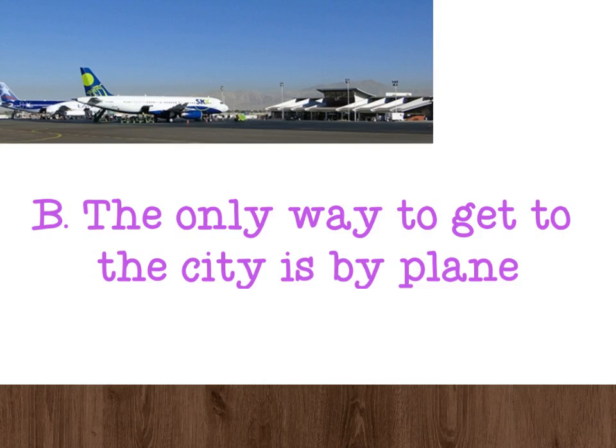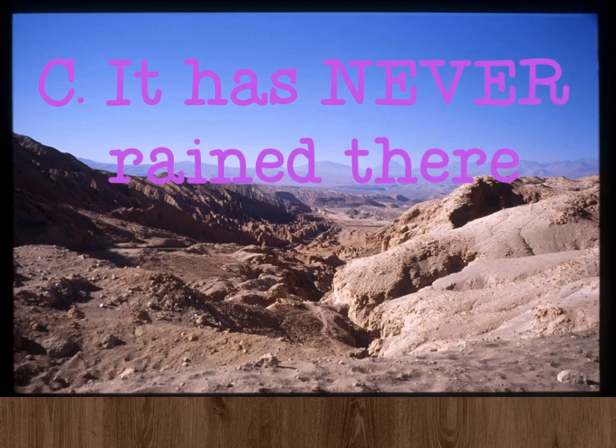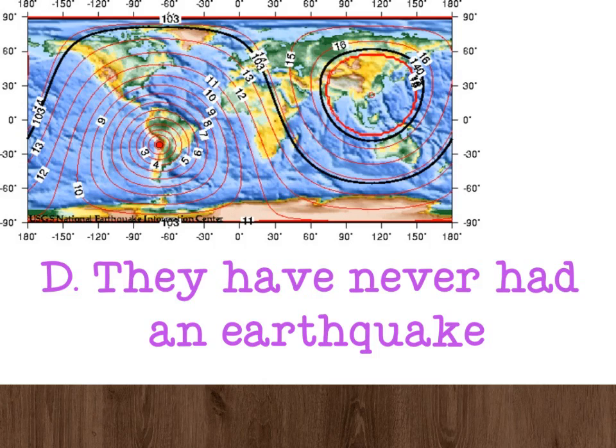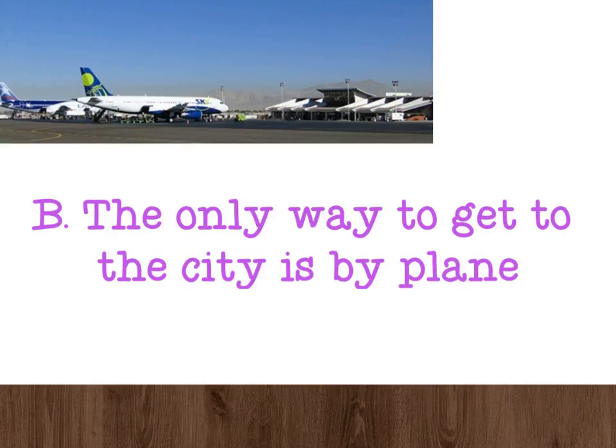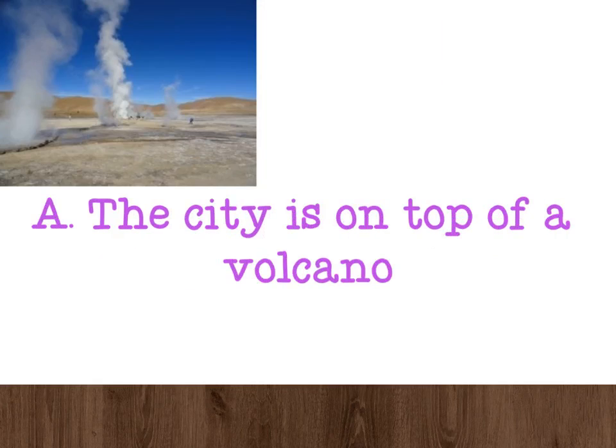B, the only way to get to this city is to fly in on a plane. C, it has never rained there. Or D, they had never had an earthquake. So one of these choices is going to be correct, and I want you to decide which one you think it is.